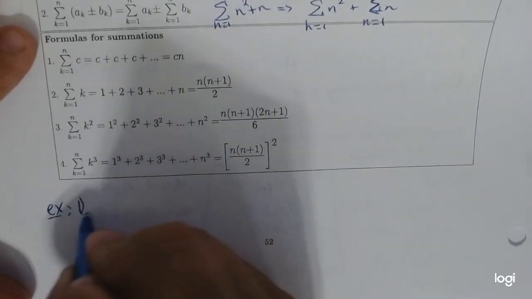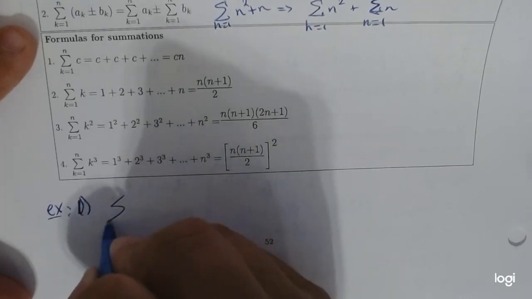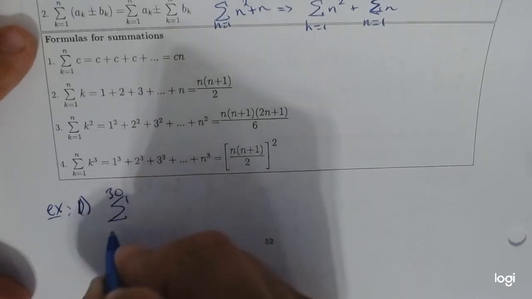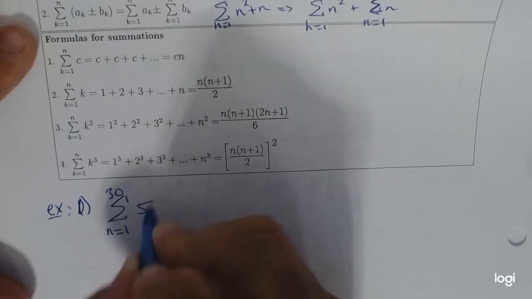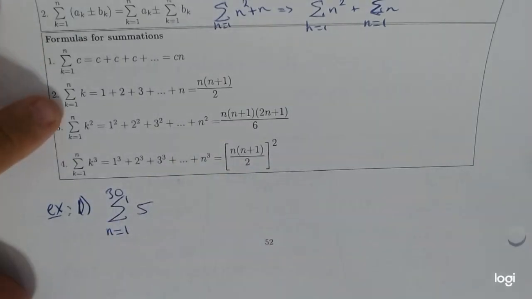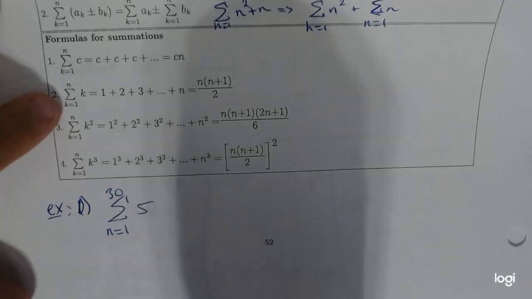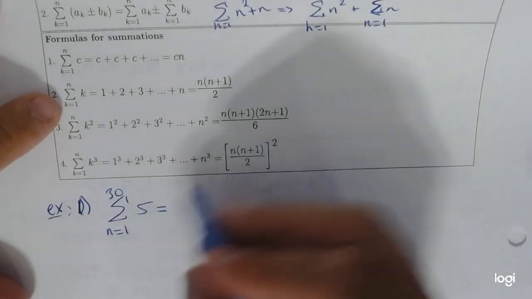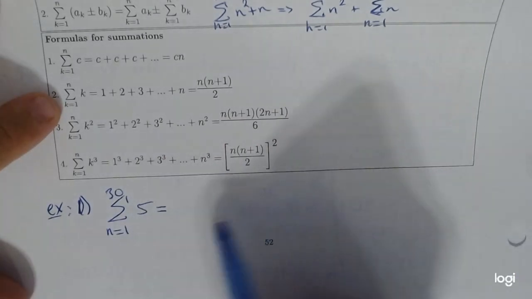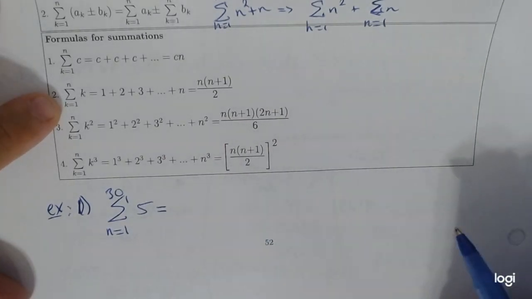So if we want to find the sum from n equals 1 to 30 of just the constant 5, right? C is a constant. So what this is saying is if I plug in n equals 1, that's 5. N equals 2 is 5, right? It's just 5, 5, 5, 5, 5, 5. And we're adding this. So 5 plus 5 plus 5 plus 5, 30 times.